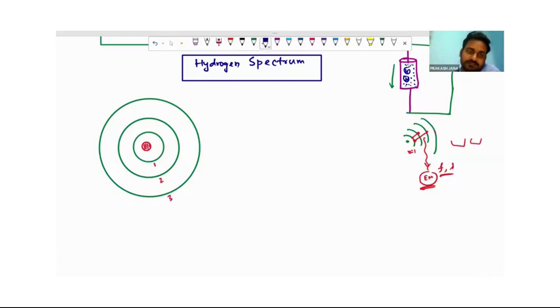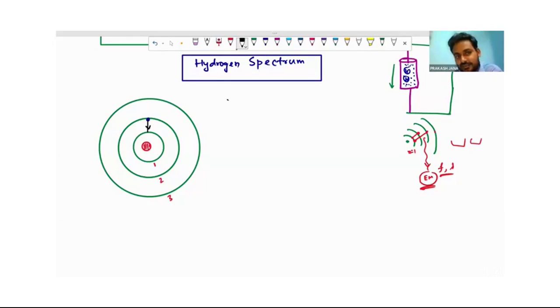So this is n is equal to 1, this is n is equal to 2, this is orbit number 3. Fine. When the electron is in n is equal to 1, it will revolve. Now, suppose the electron is revolving in n is equal to 2. The electron can jump from n is equal to 2 to n is equal to 1.